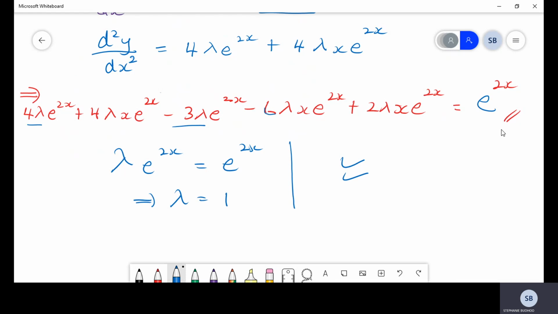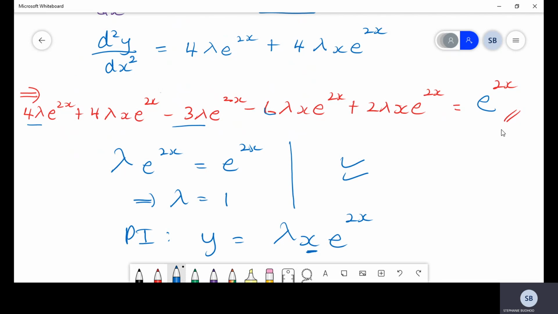All right, so now that we have a value for lambda, we can safely rewrite our particular integral as being equal to y. Remember, our particular integral was lambda x e to the 2x. That presence of x is only there because you cannot have your particular integral being the same as part of your complementary function.